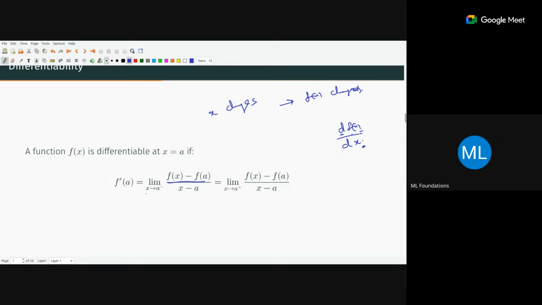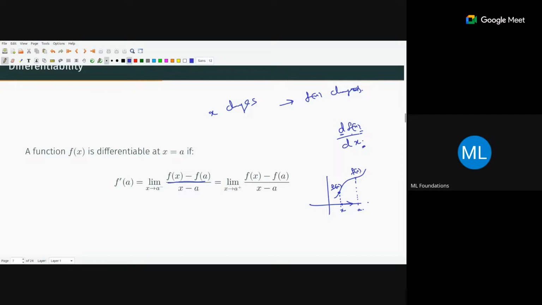As x approaches a from the minus side, the rate of change in the function value is f of x minus f of a. You see there is a function like this, this is x and this is a. As x slowly moves towards a, what happens to f of x and f of a?